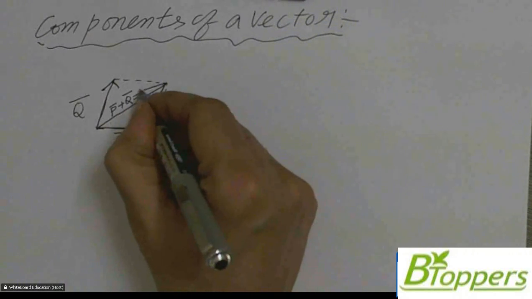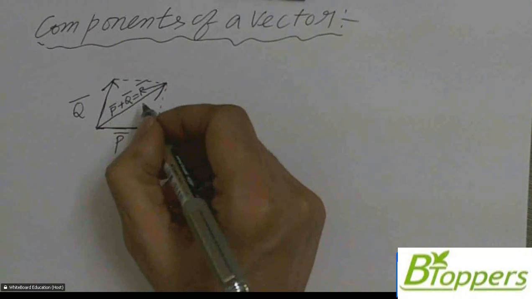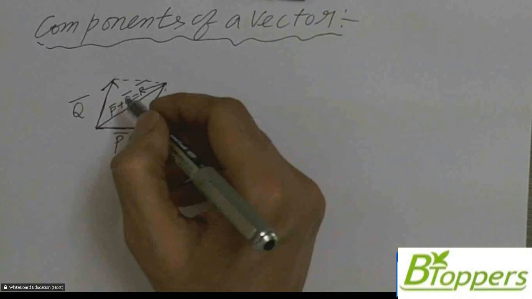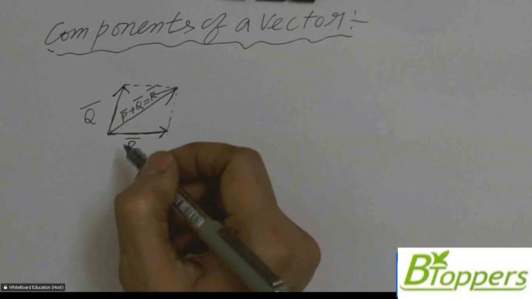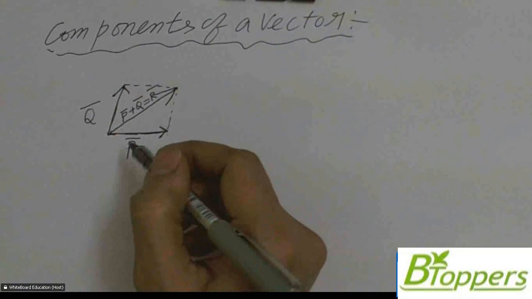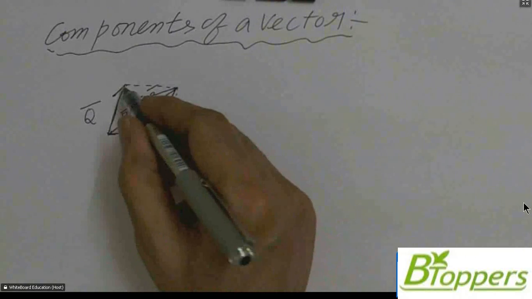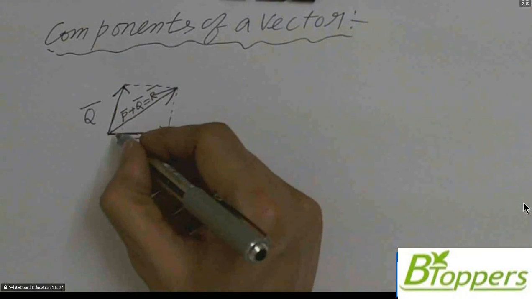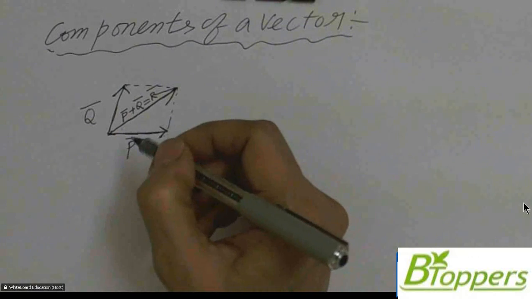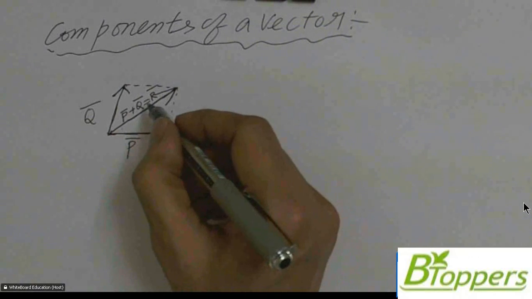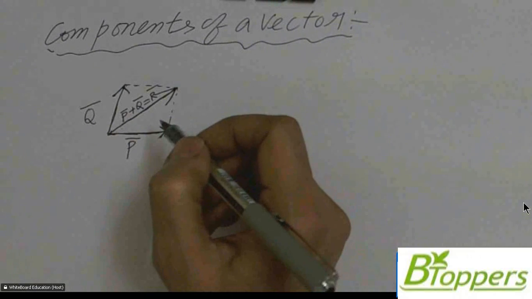In the parallelogram law of addition of vectors, the vector sum of p bar and q bar we have denoted by r bar. That means if the two vectors p bar and q bar are represented graphically by the adjacent sides of the parallelogram, such that the tail of p bar is attached to the tail of q bar, and the diagonal passing through their point of intersection represents the resultant, which I have denoted by r bar.